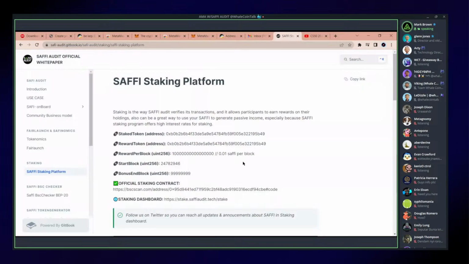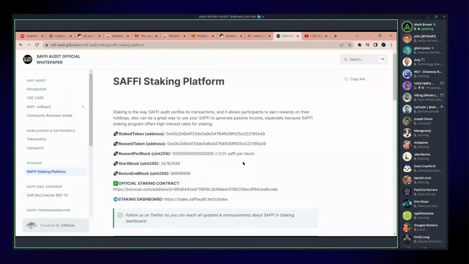In each transaction, the reward is accumulated and distributed to the people in the staking pool. There's no exact time, so people can stake and unstake their tokens anytime, and they're rewarded depending on the transactions happening at the time they were staking their tokens.